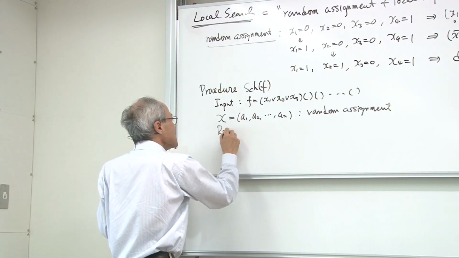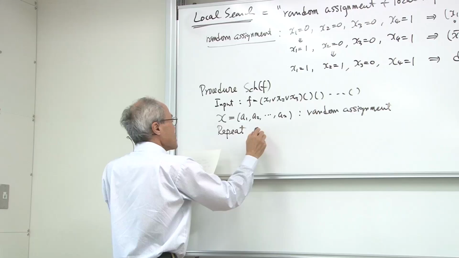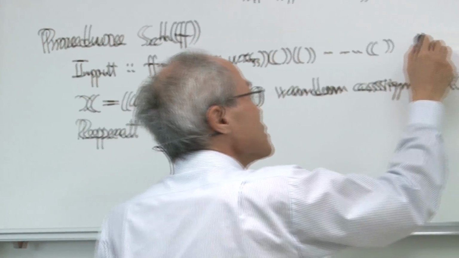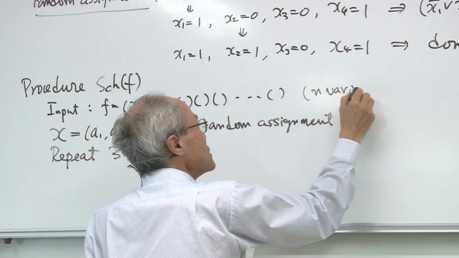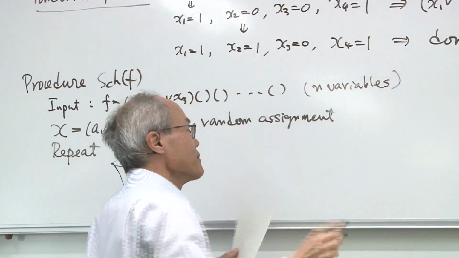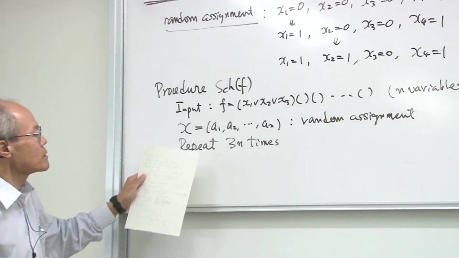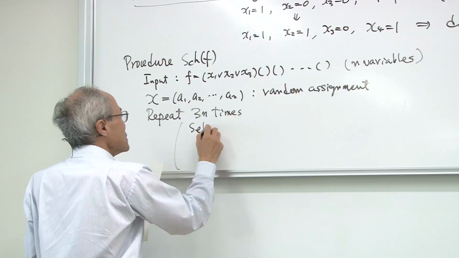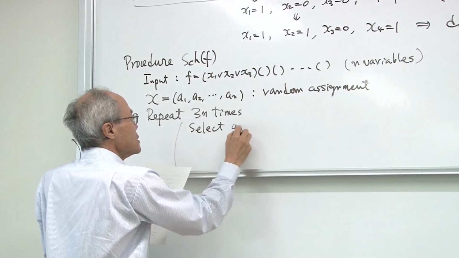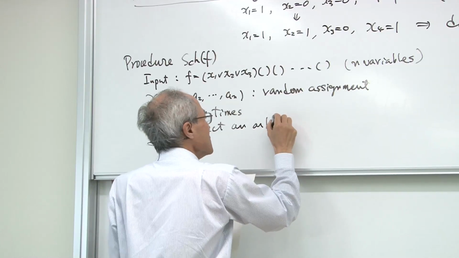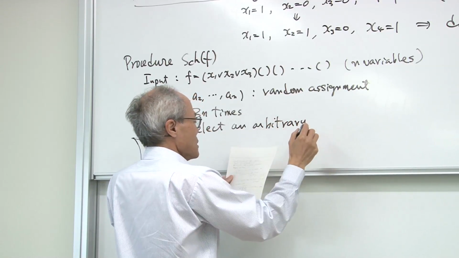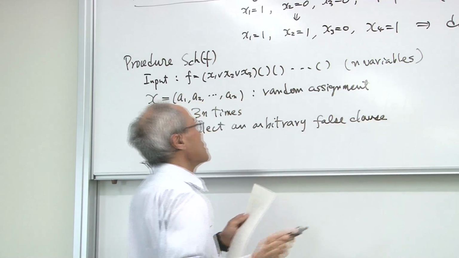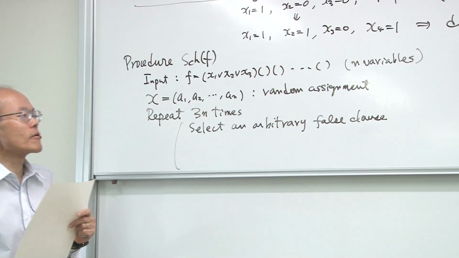Then repeat 3n times. We have n variables. Then repeat 3n times the following. Select an arbitrary false clause.